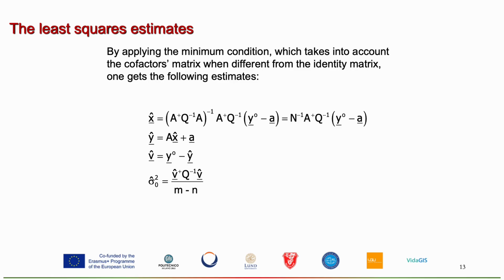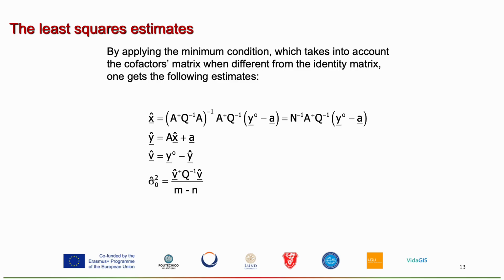For the a posteriori estimates of the observations, we have w cap equal to capital A times x cap plus a.